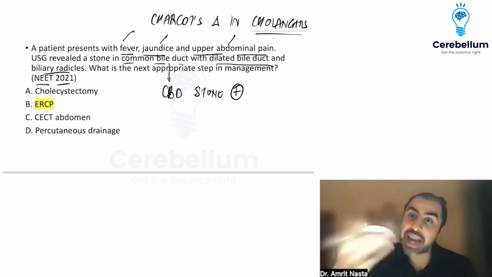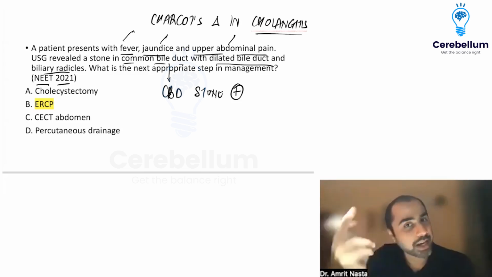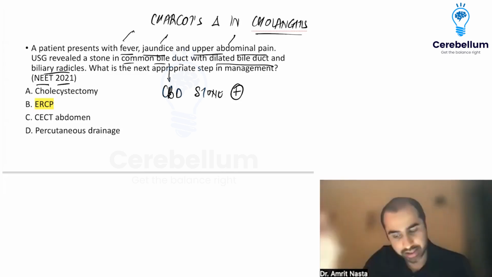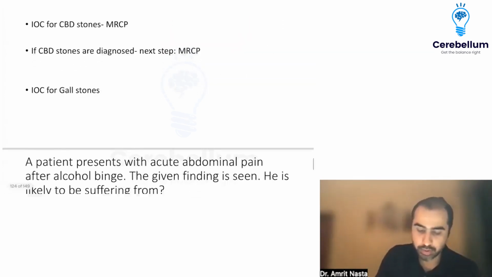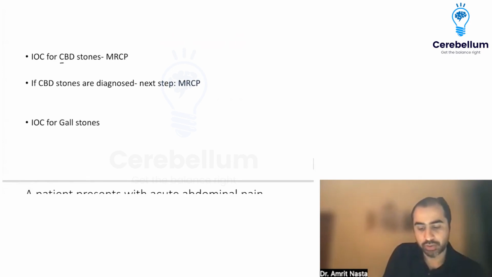Cholecystitis, Murphy sign. Cholangitis, Charcot's triad, you will do ERCP. So the investigation of choice for CBD stone is MRCP. If stones are diagnosed, next step, ERCP. Please change this. Investigation of gallstones, USG.